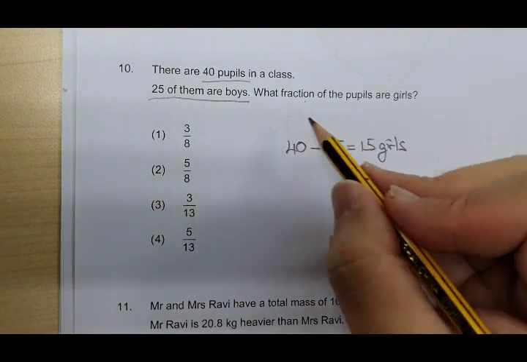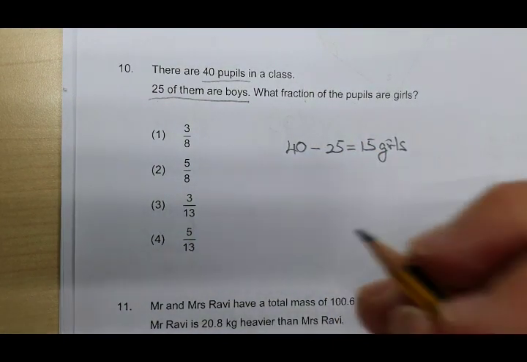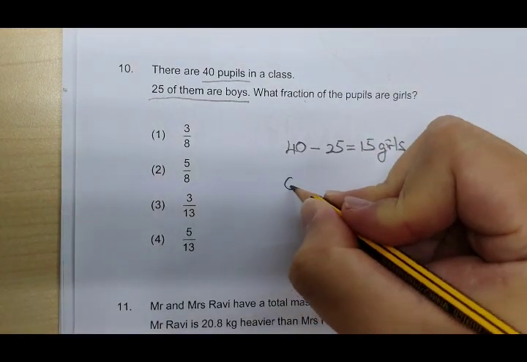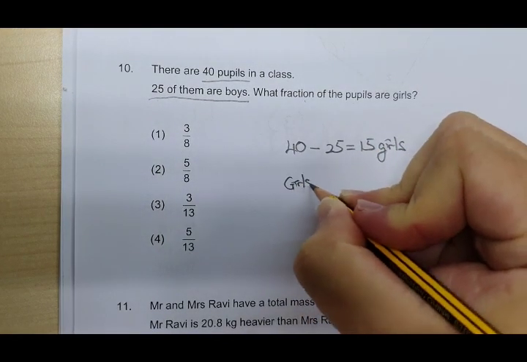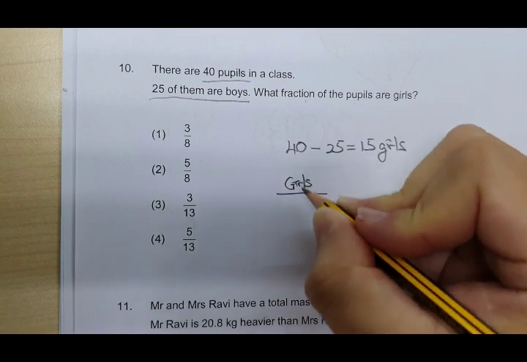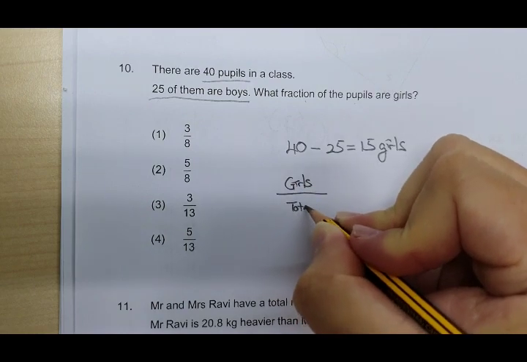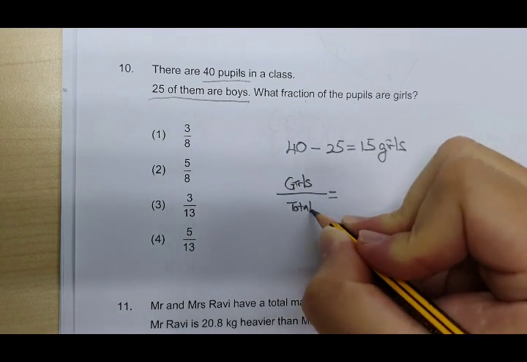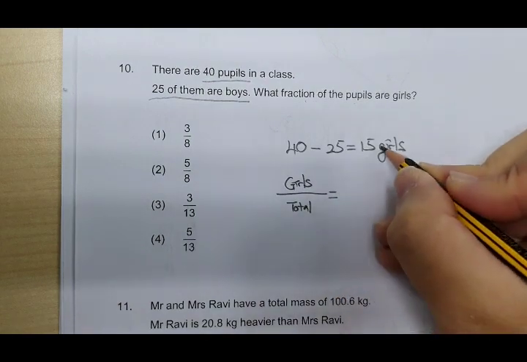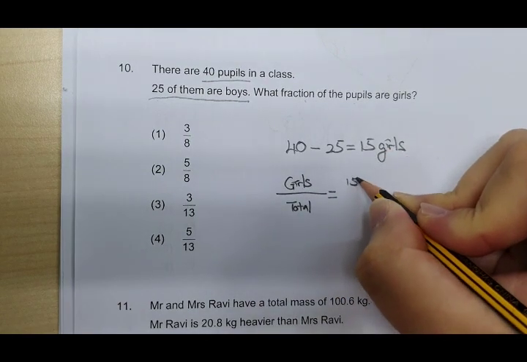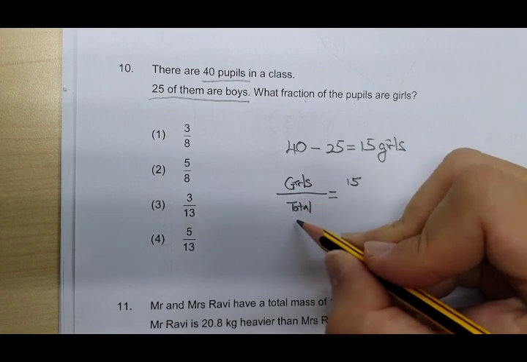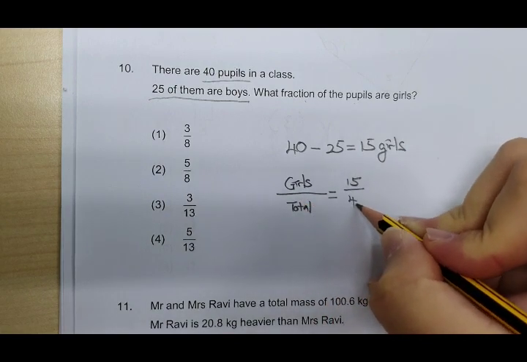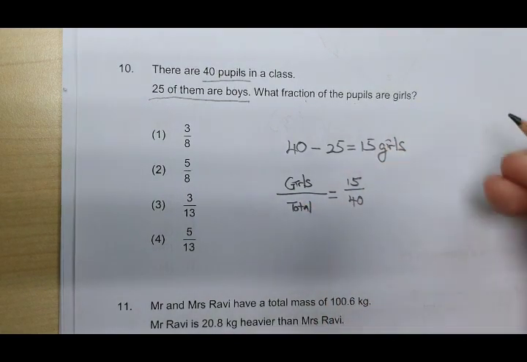We were told to express it as a fraction. How do we do it? Now see, the number of girls will be on top, followed by the total. Don't get confused. How many girls are there? We calculated earlier, 15 girls. How many are there altogether? There are 40 pupils. So how to change this to the simplest form?